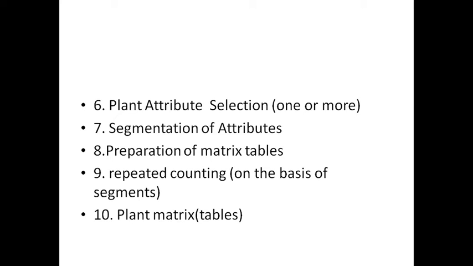Then we move forward, we have to think about what attributes to select to study the plant diversity. Then students have to identify the plant attributes. It may be one attribute, maybe more than one.